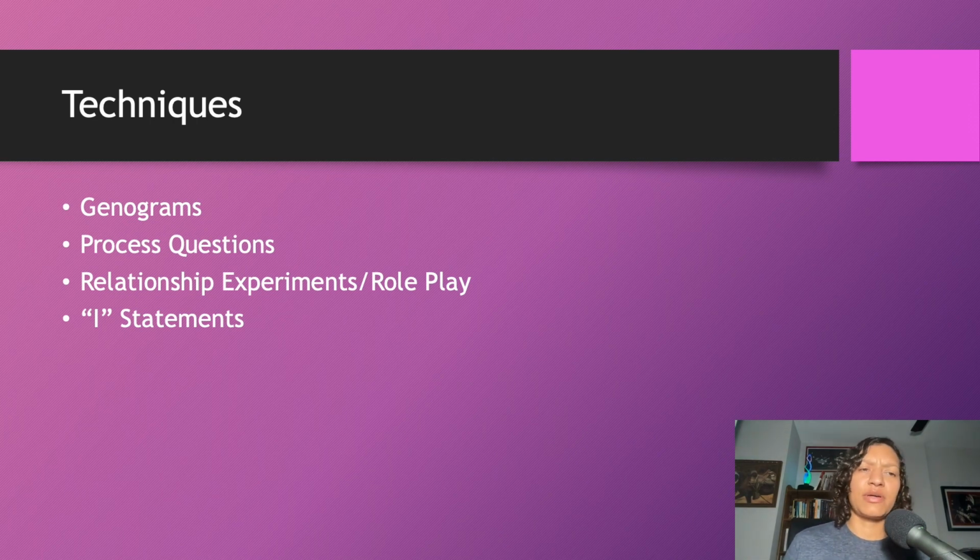I think we've talked about experiments quite a bit, especially during the behavioral class. Experiments can be helpful to use, and role plays, of course. Hopefully you can understand how helpful they can be in many different ways, as you might have a family or a family member do some type of experiment or role play in order to help the family shift their perspective, increase awareness, increase understanding.